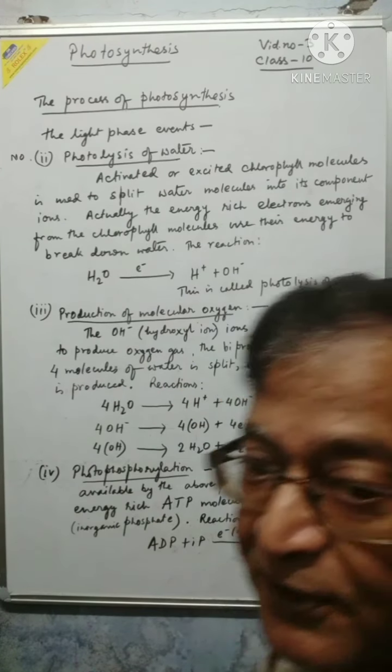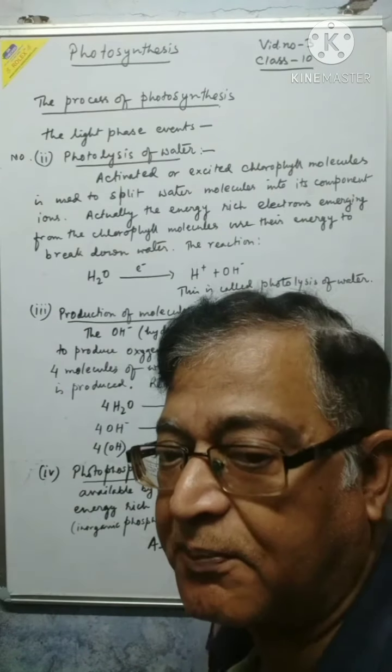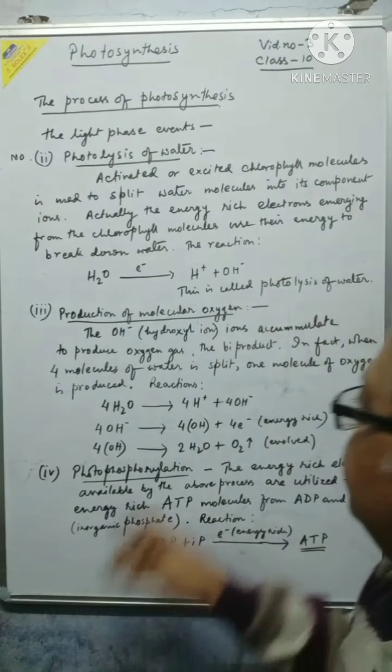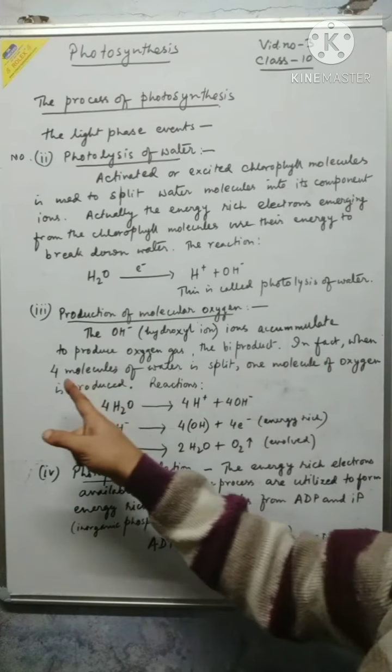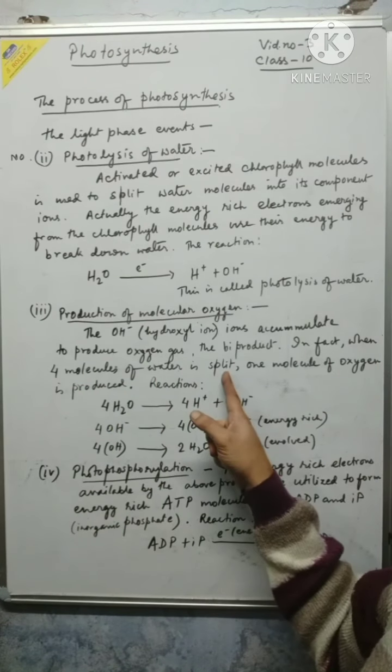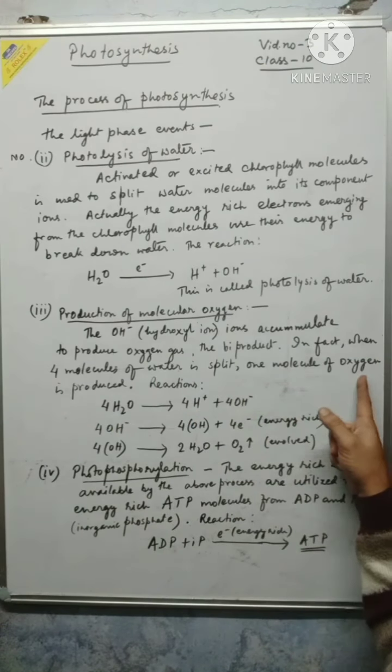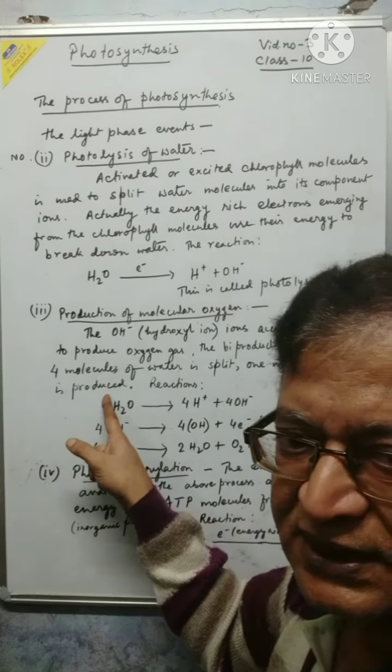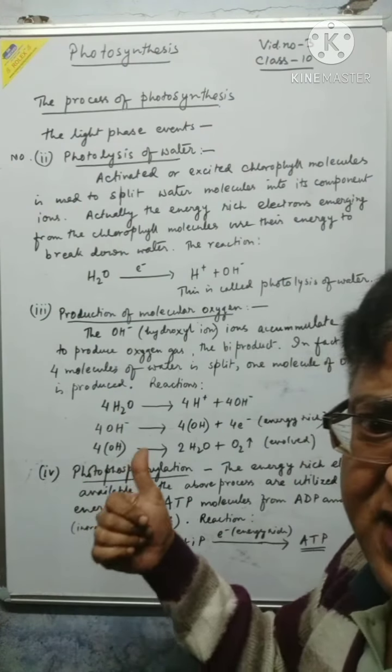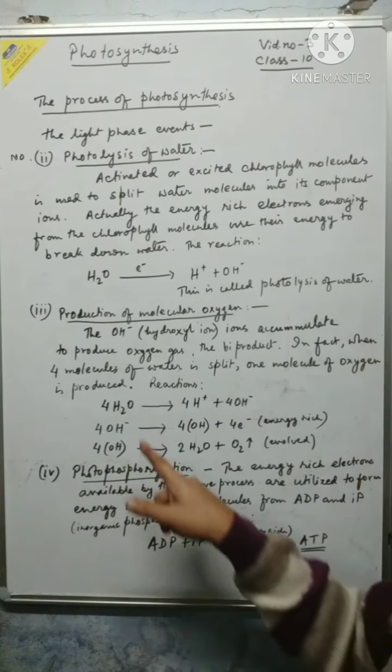You see, the byproduct is produced before the product. In fact, when 4 molecules of water are split, 1 molecule of oxygen is produced. How is it so? This reaction will tell you the clear fact.